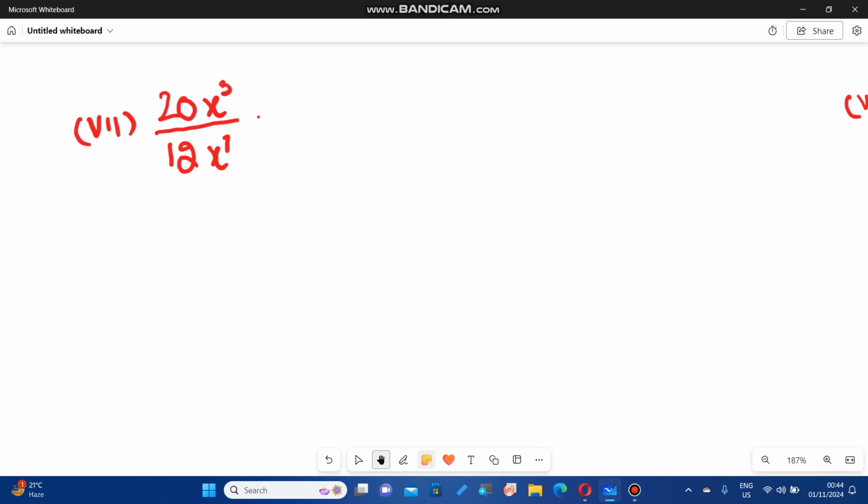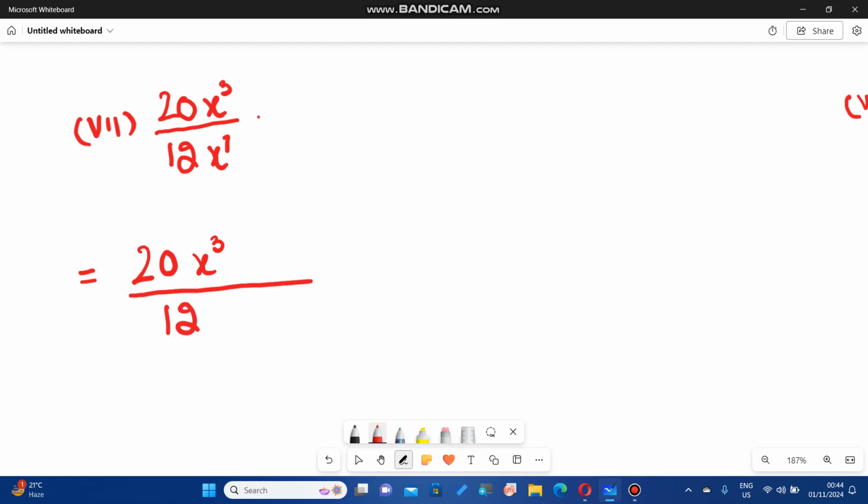Next we have 20x cube divided by 12x7. We can split it. x7 means we have 1, 2, 3, 4, 5, 6, 7 x's. We can write this as x cube. What is in the numerator? x cube.